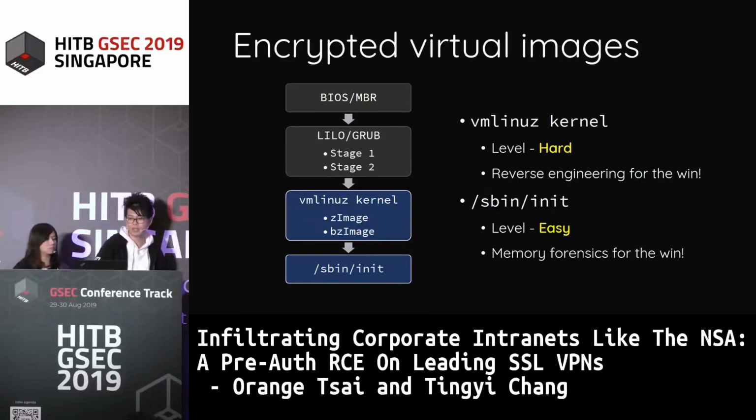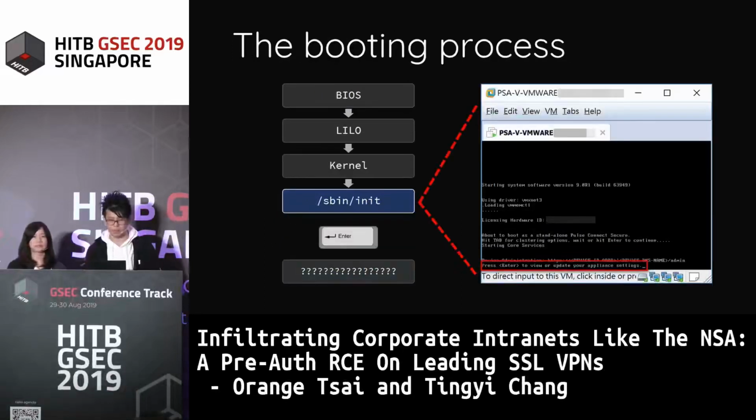Here we will give an example to show how memory forensics takes us to the win. As we know the booting process, it starts from the BIOS, bootloader, and the kernel to drop the first process to initialize the operating system.